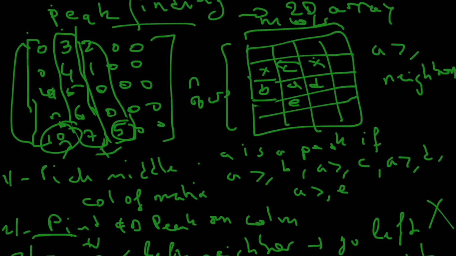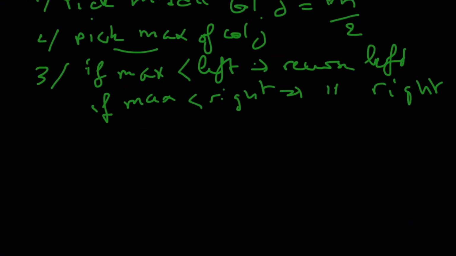Okay, now else, which is the other case, which means that max was both bigger than left and bigger than right, that means we found our peak element. That means that max is a peak.